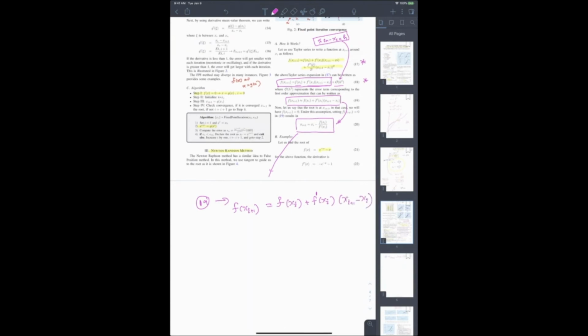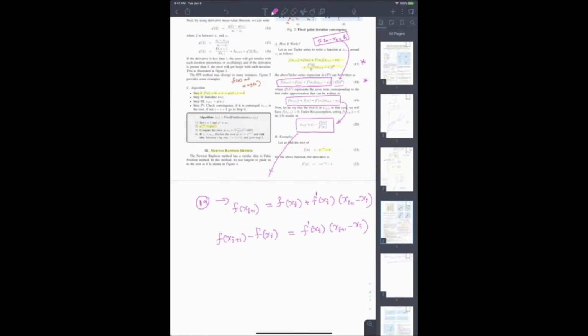All you have to do is find x_{i+1} in terms of everything else. So I will subtract f(x_i) from both sides: f(x_{i+1}) - f(x_i) is equal to f'(x_i) times (x_{i+1} - x_i). Let me divide by f'(x_i). Give me a second here, I may make a mistake.